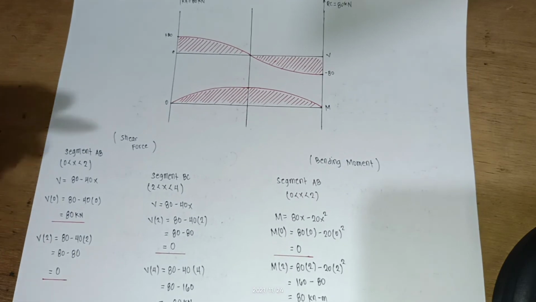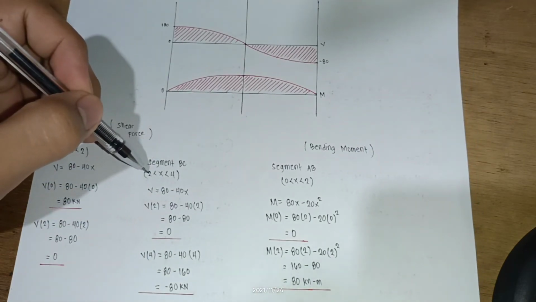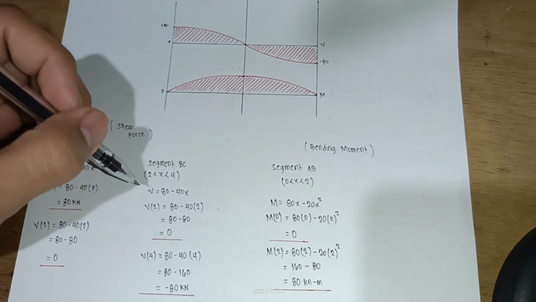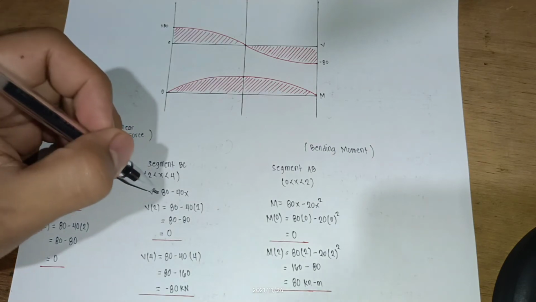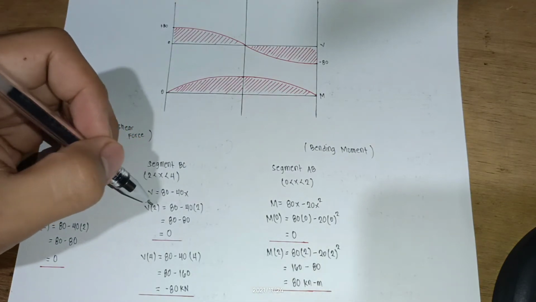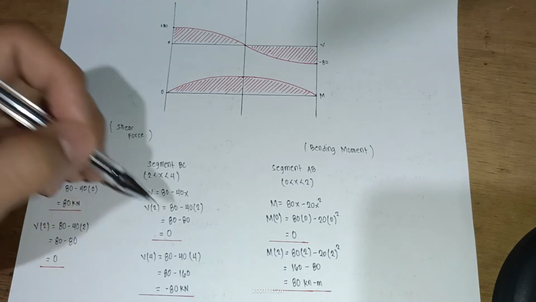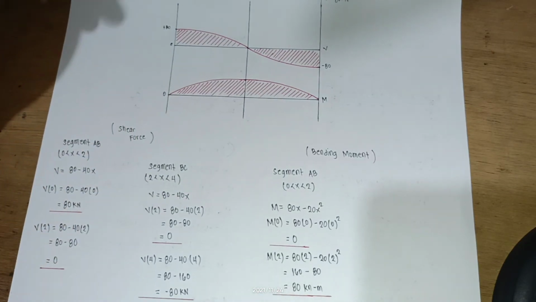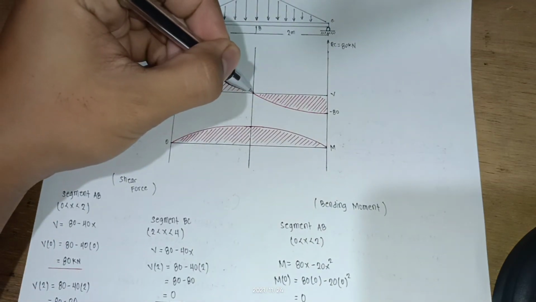Also for the segment BC, where x is greater than 2 but less than 4, V is equal to 80 minus 40x. When x is equal to 2, 80 minus 40 times 2, that would be 80 minus 80 is equal to 0. So it will go down there at 0.